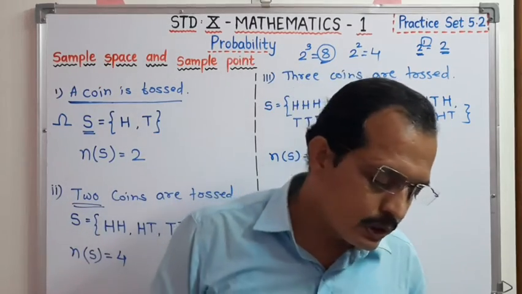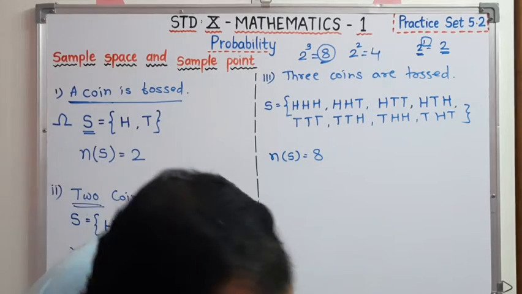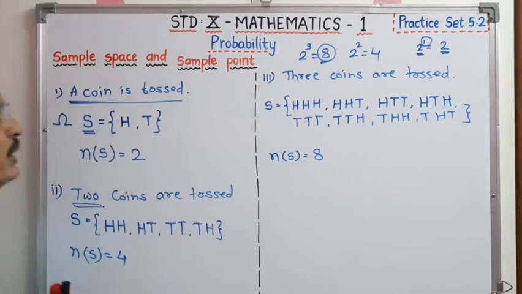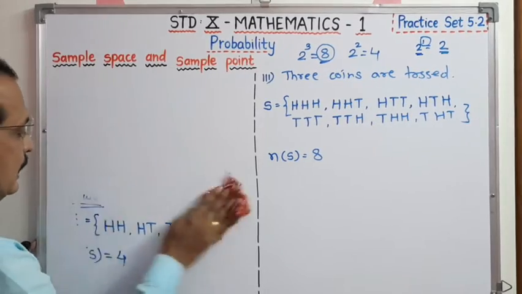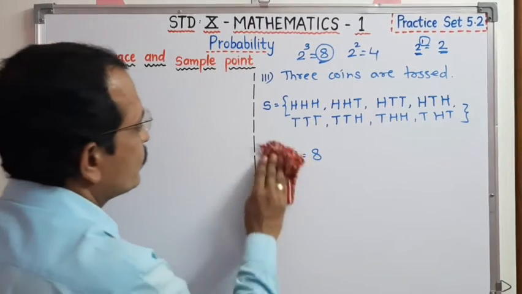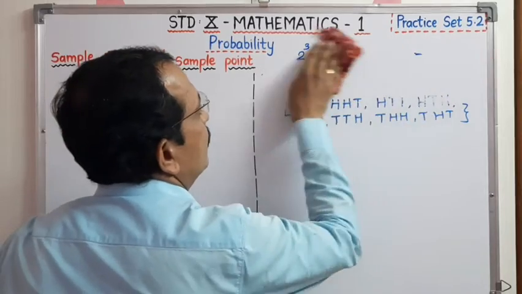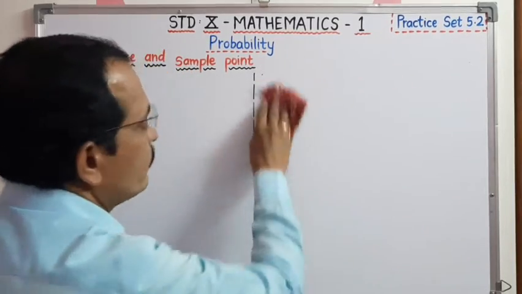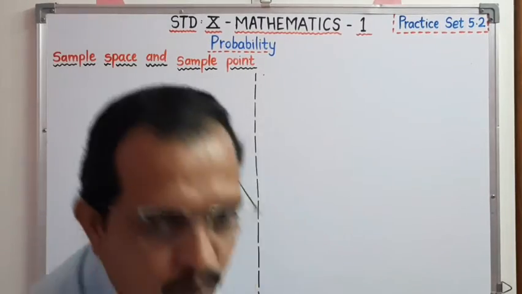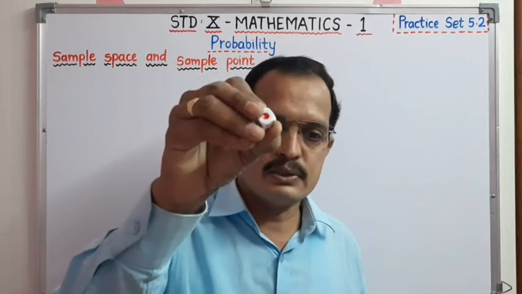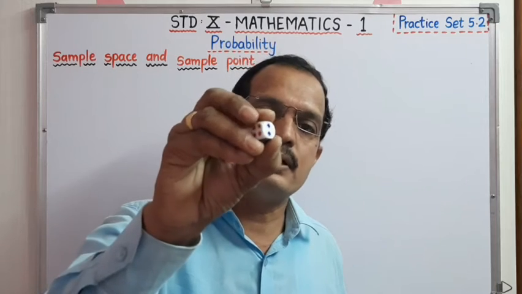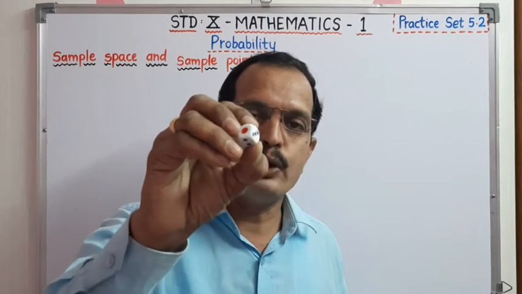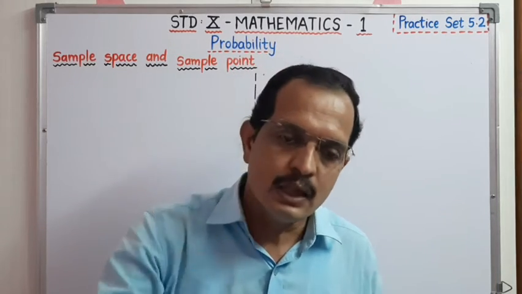Now, dear student, after completing the random experiment about coins, we have to go to the die. All of you know the dice. In the previous lecture I showed you the die. On that die there are 6 surfaces, and on each surface there are different points: 1 point, 2 points, 3 points, like this.